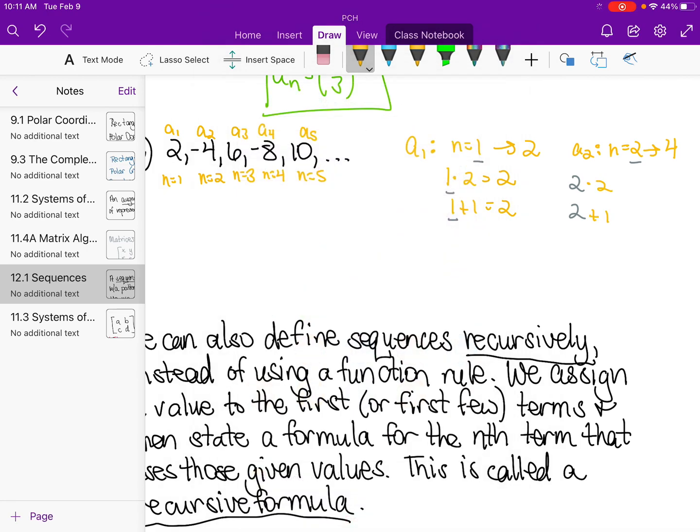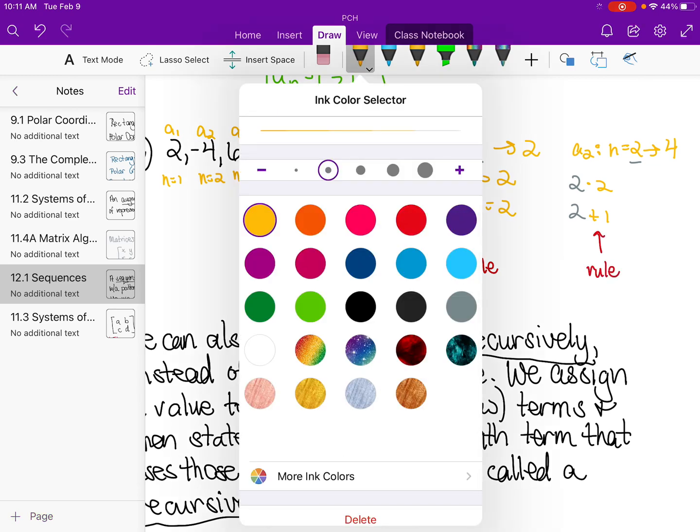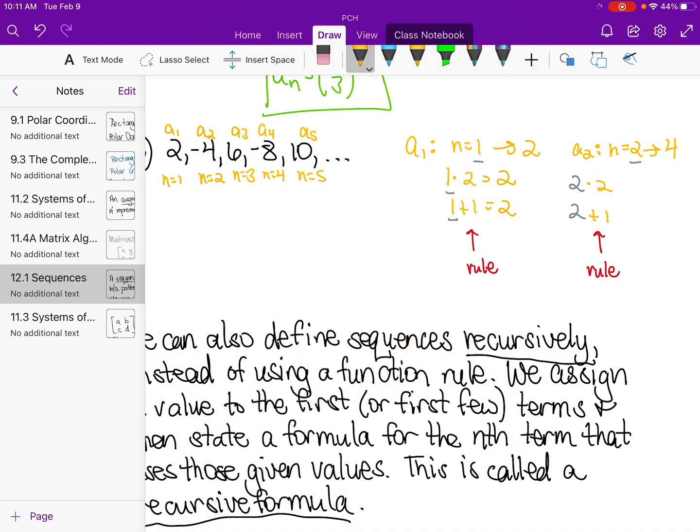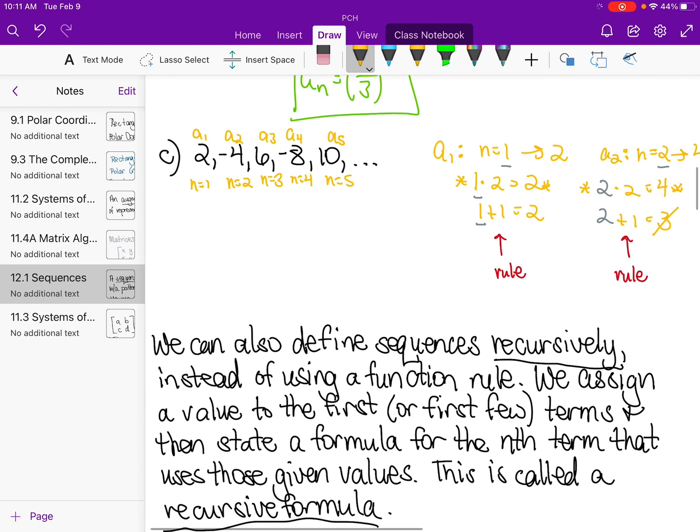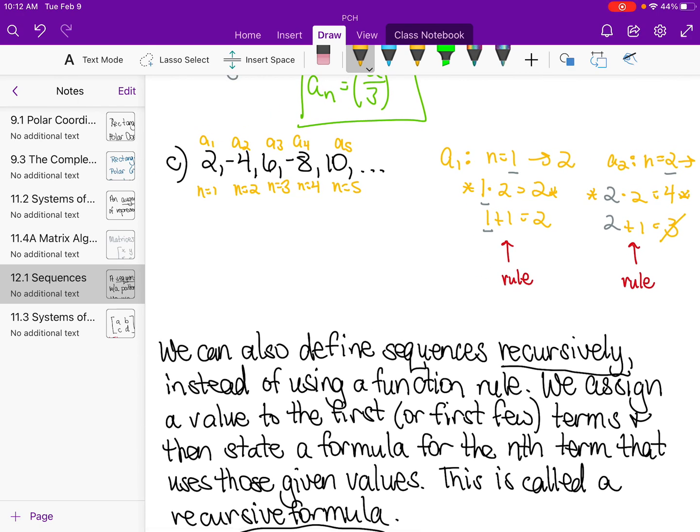The rule has to stay the same. This is the rule. That has to stay the same. That's the function rule, right? Well, this is the one that matches this one, right? I don't get a 4 out of that function rule. So check it for the rest of them.